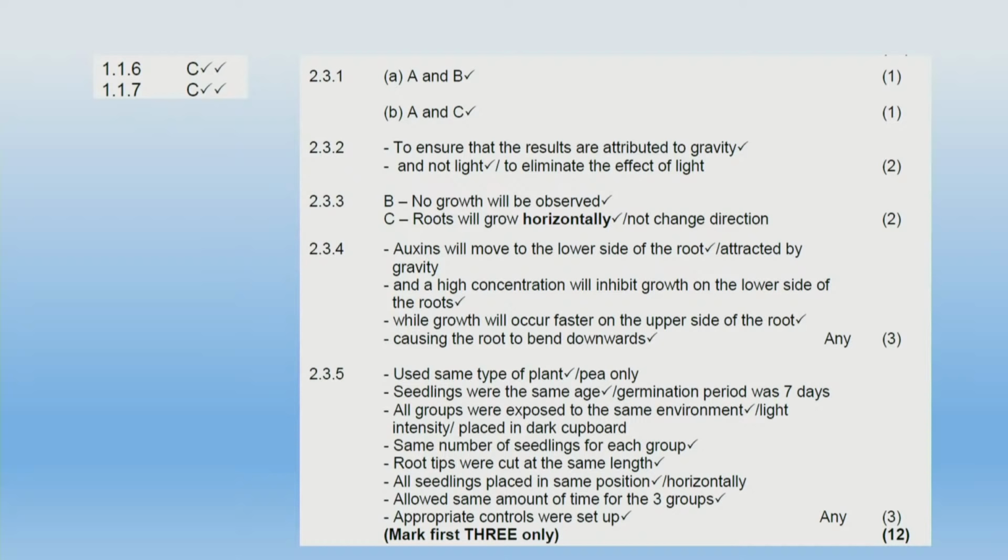And then the root tips were cut at the same length, and then all seedlings placed in the same position or horizontally, and then we allowed also the same amount of time for the 3 groups. Okay, and then appropriate controls were set up. So you were only expected to mention the 3. So these are all the factors that were kept constant.